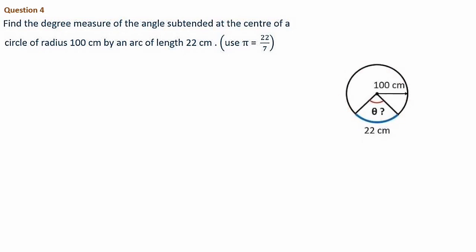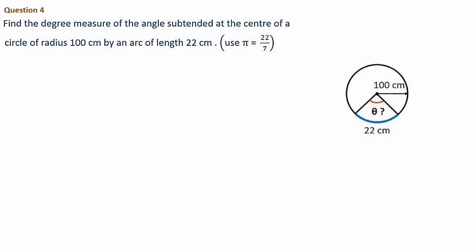There is a circle whose radius is 10 cm, and there is also an arc whose length is 22 cm. This is the arc, means portion of a circle, part of a circle. So 22 centimeter arc, and this arc is making an angle. This is an angle, that we have marked as theta. With the center of the circle, we are asked to find out the value of this theta in degree measurement.